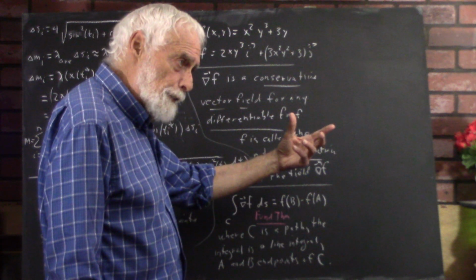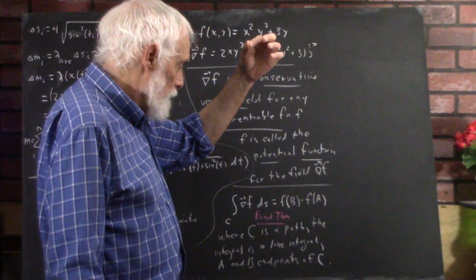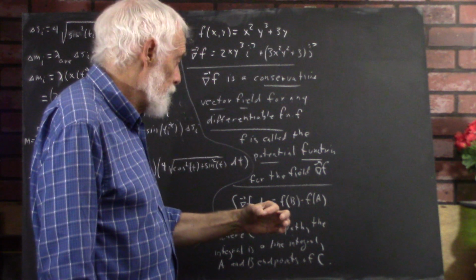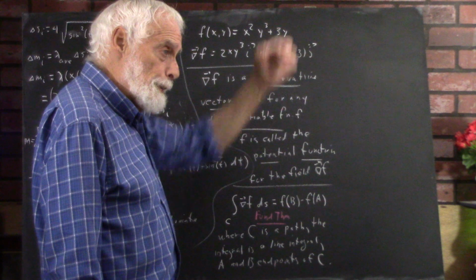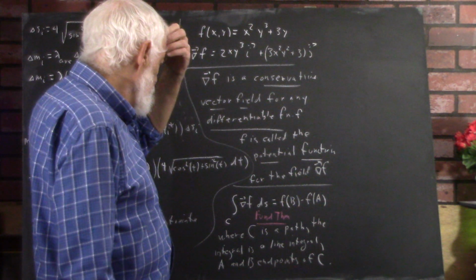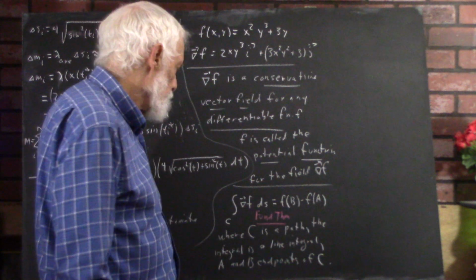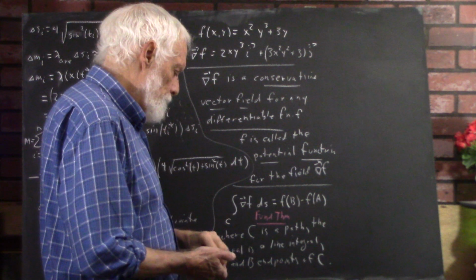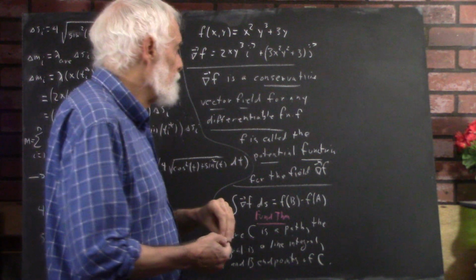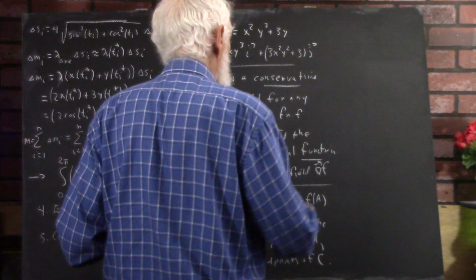So in a gravitational field, I lift from here to here. I have a certain potential energy here and a potential energy here. The work I do depends just on the potential energies at the 2 endpoints. Again, something you're familiar with from physics.